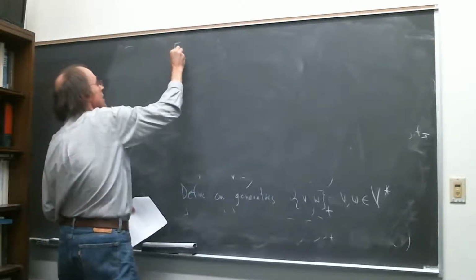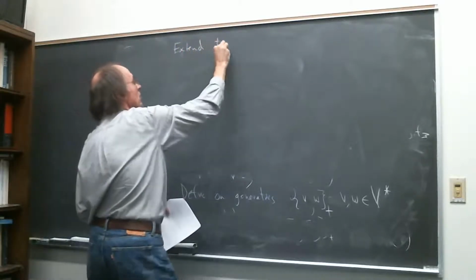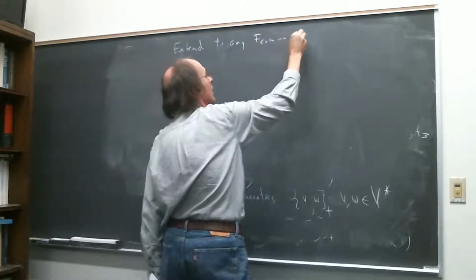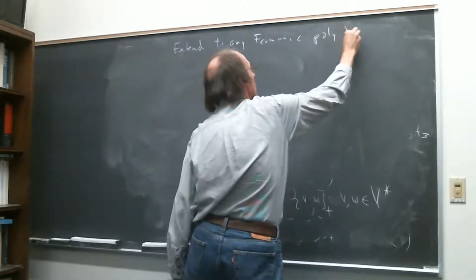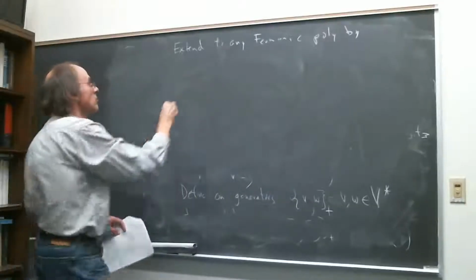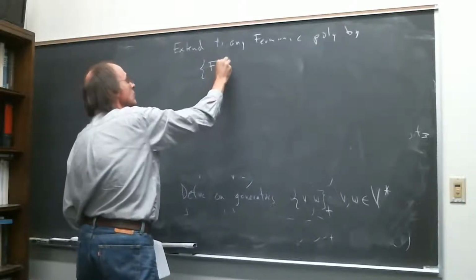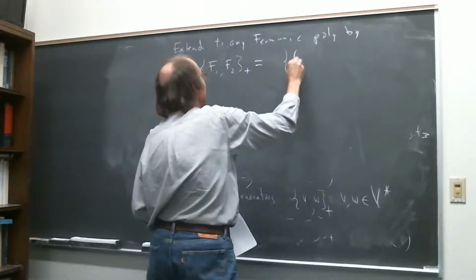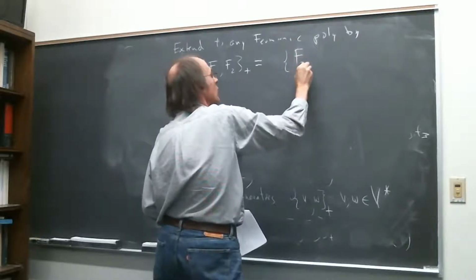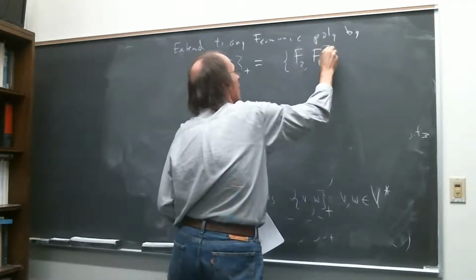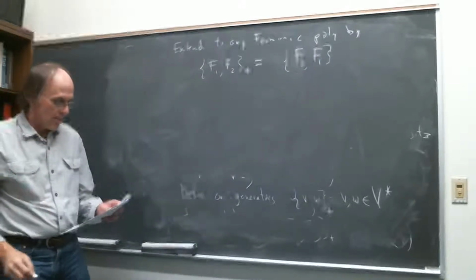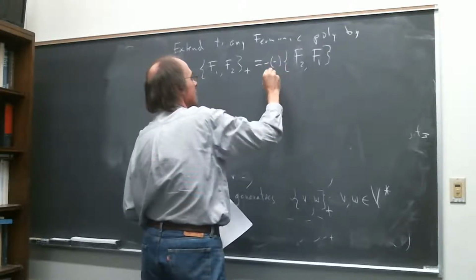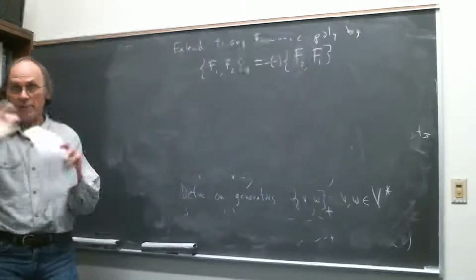When you change the order, you're going to pick up a minus sign, but then there's an extra minus sign, which depends upon whether these things are even or odd.